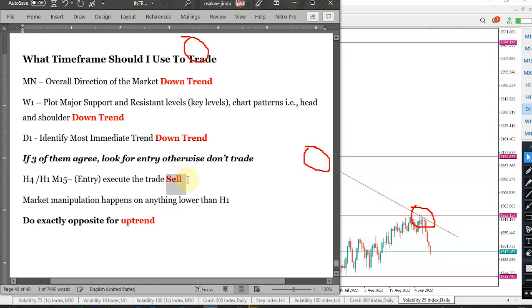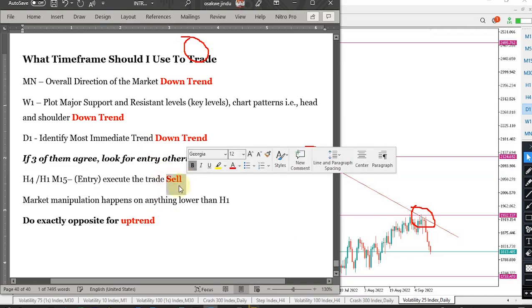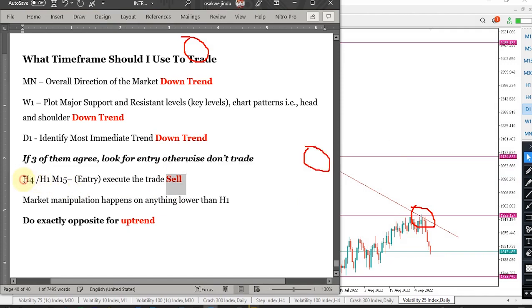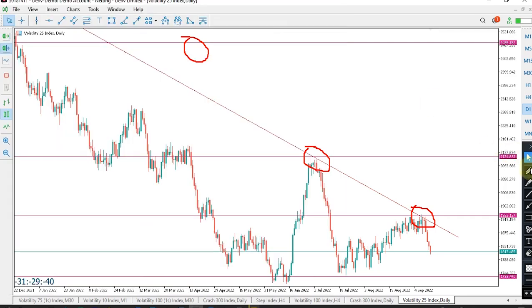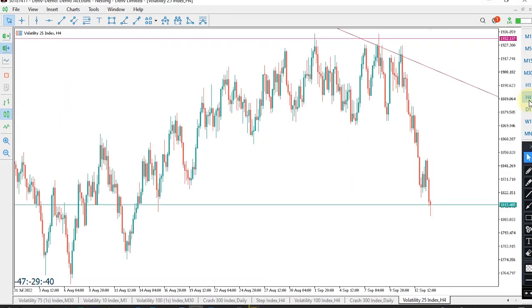We sell, but we have to go down to H4, H1. So this is how we do this. I move down to H4. Now what can I see here? I see noise.